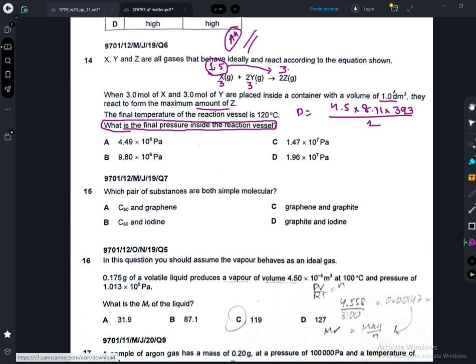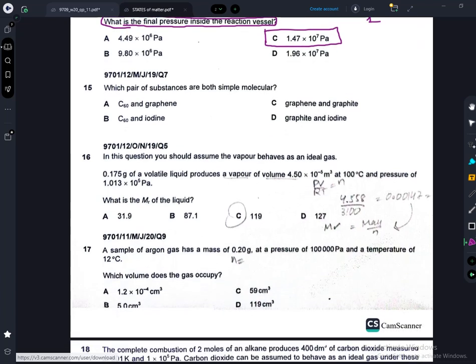So your answer would be something like 1.47. Yes. So C is your right answer, guys. Be careful once again. You have taken the answer in kilopascal, so multiply this by 10 raised to power 3, because this was in decimeter cube. You will get C as your right answer.